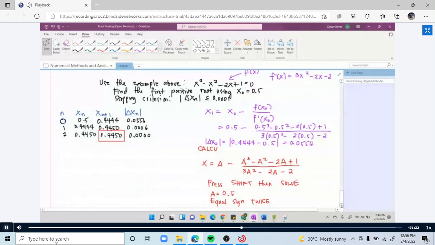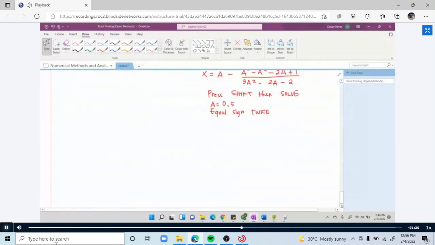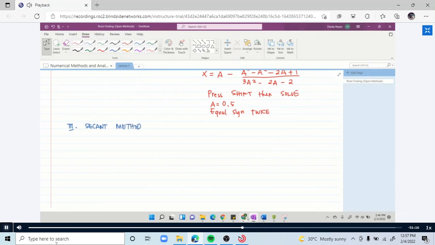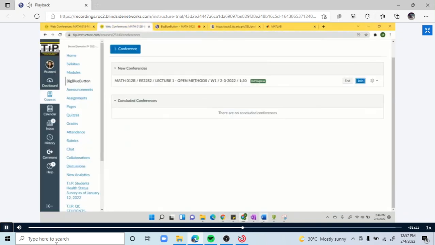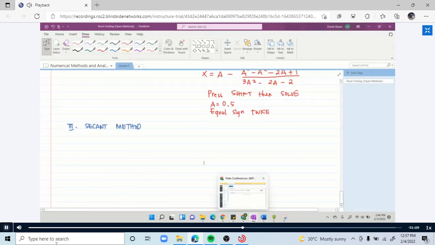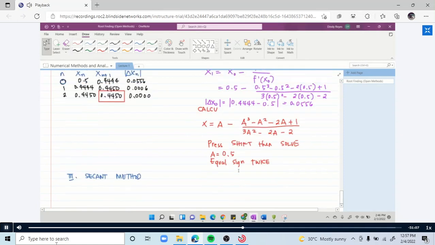So, that's the second open method for root finding. The third one is called secant method.